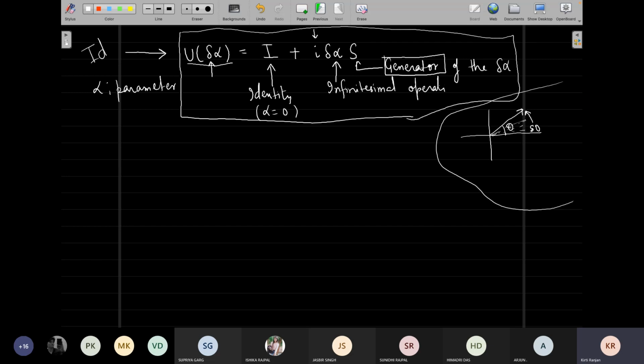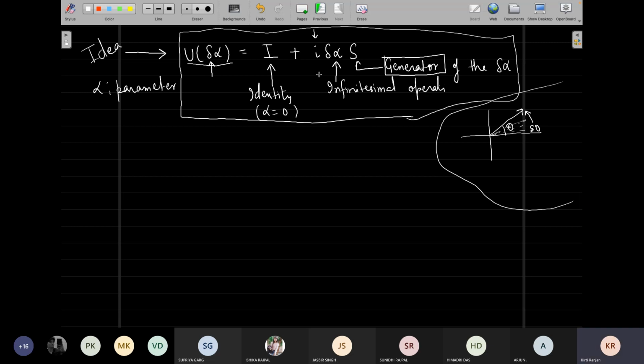And this idea is what is important, because this idea has a few things. First, I can just think about any finite rotation as the successive operations of the infinitesimal ones. So I can generate anything out of the infinitesimal. Second, it comes up with the concept of the generator, that there exists some generator which generates these infinitesimal operations. So S is the generator of this infinitesimal operation.